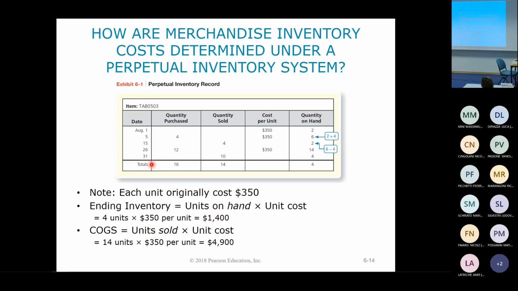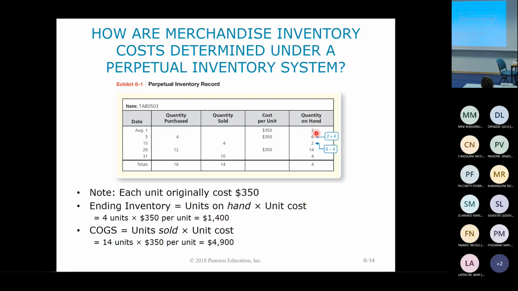So different dates, and you have the quantity purchased, the quantity sold, and the cost per unit. Something similar to what we have seen so far. Now, in this case, clearly, if the assumption is the cost per unit remains the same, 350, no matter what method you choose, the result will be the same.